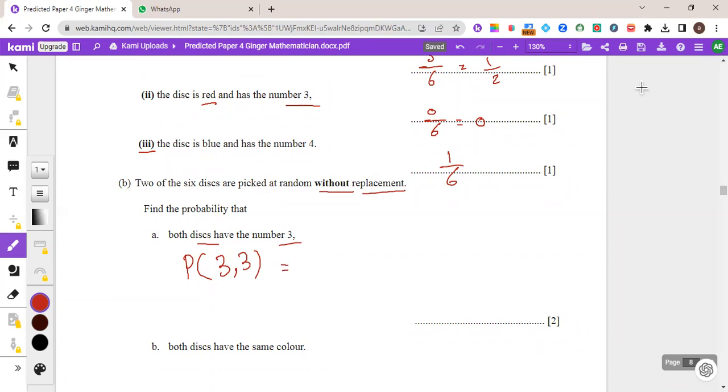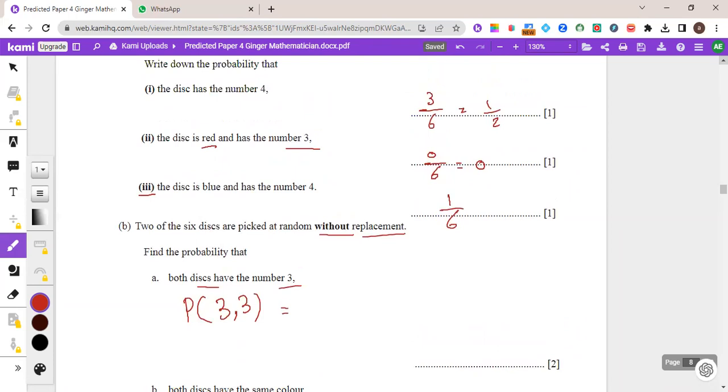Without replacement means 3 over 6 times 1 over 5... no, 2 over 6 times 1 over 5, which is 2 out of 30 or 1 out of 15.